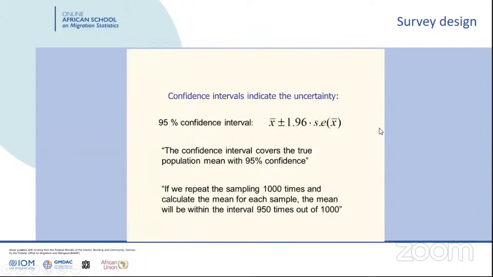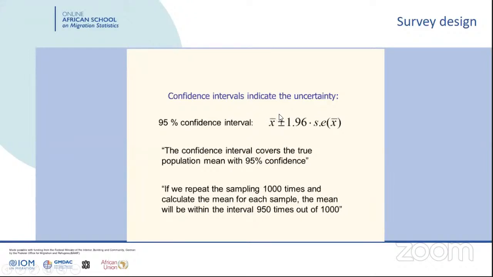Just briefly about confidence interval. You use the standard error multiplied by 2, or 1.96 if we should be strict. That will be what we call the margin of error for an estimate.